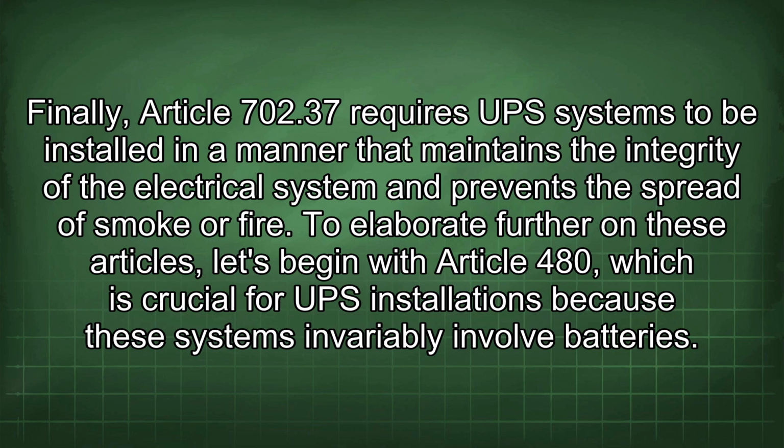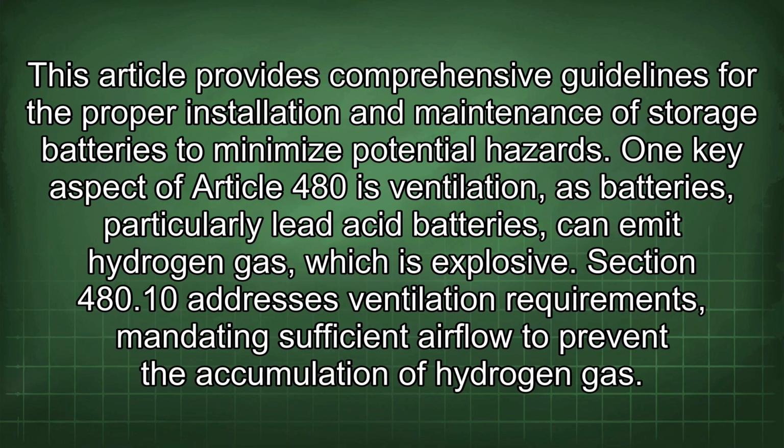To elaborate further on these articles, let's begin with Article 480, which is crucial for UPS installations because these systems invariably involve batteries. This article provides comprehensive guidelines for the proper installation and maintenance of storage batteries to minimize potential hazards. One key aspect of Article 480 is ventilation, as batteries, particularly lead-acid batteries, can emit hydrogen gas, which is explosive.